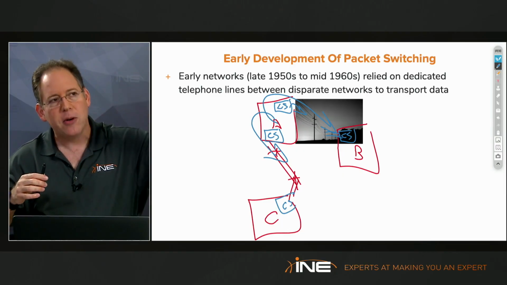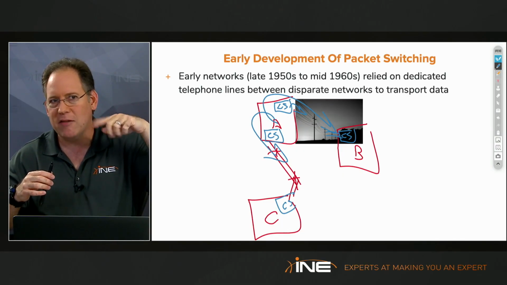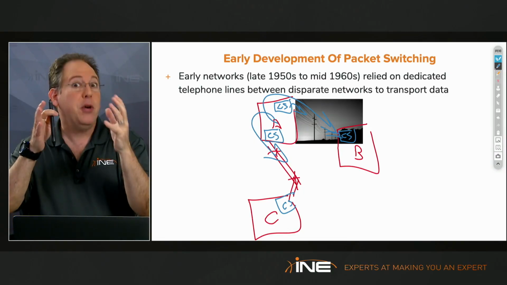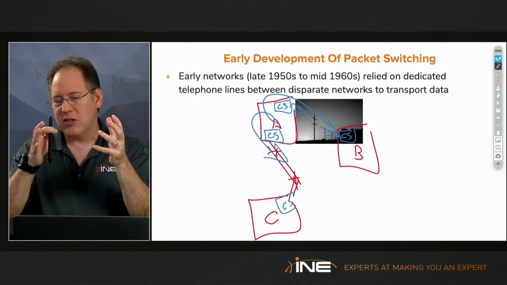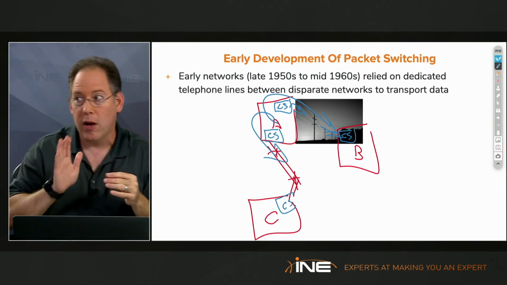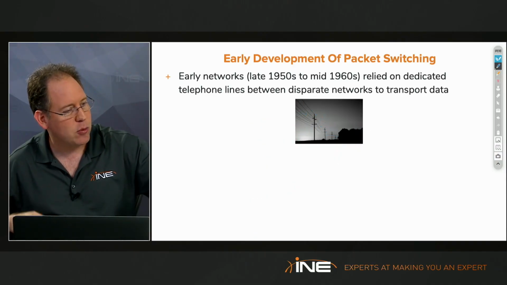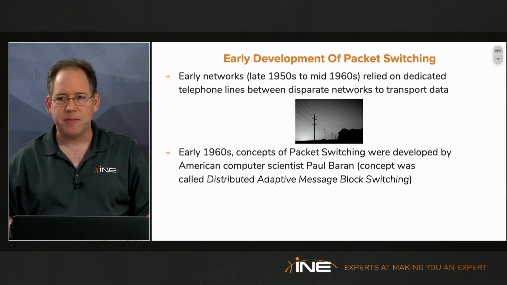When my terminal connects to that networking device and I start sending data, my data will have some sort of address in it, and the networking device will know, based on where this data is going, to choose this set of telephone lines to get it out, or this set of telephone lines. So that is what precipitated the need for packet switched networks.